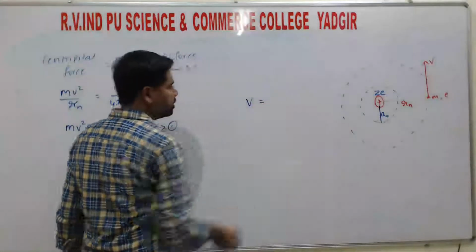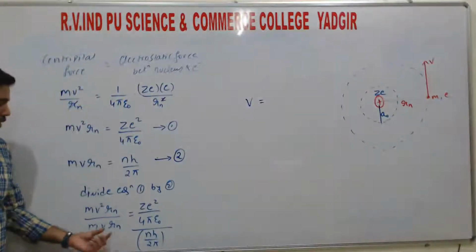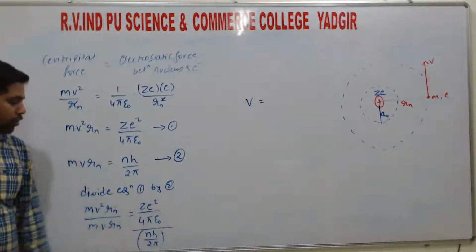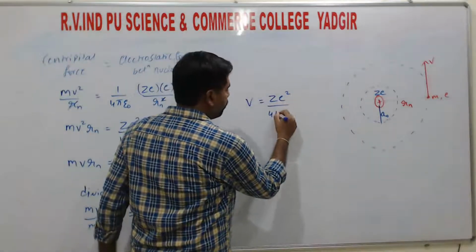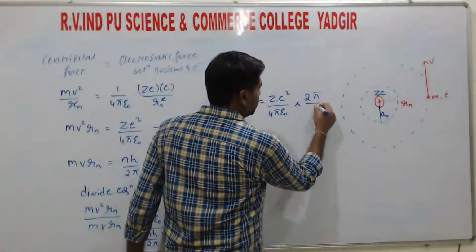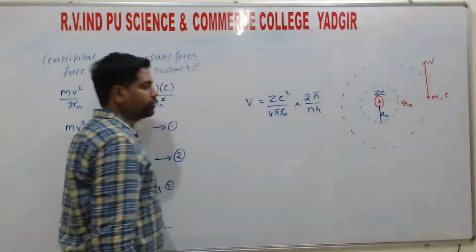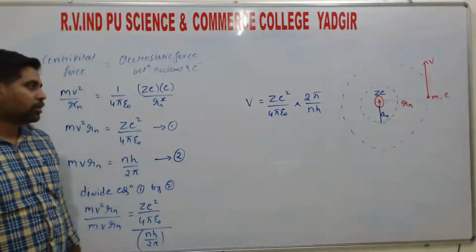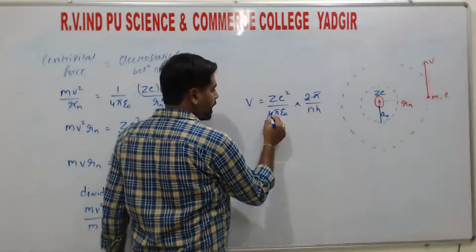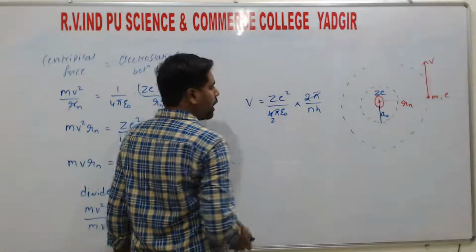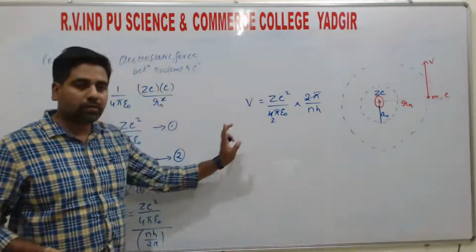So v is equal to, if it shifts to the numerator, then Ze square divided by nh, right? Now if we observe here 2 pi, pi gets cancelled, so 2 to the 4.